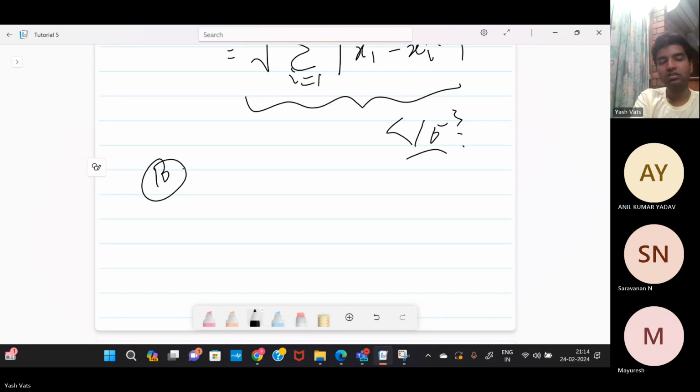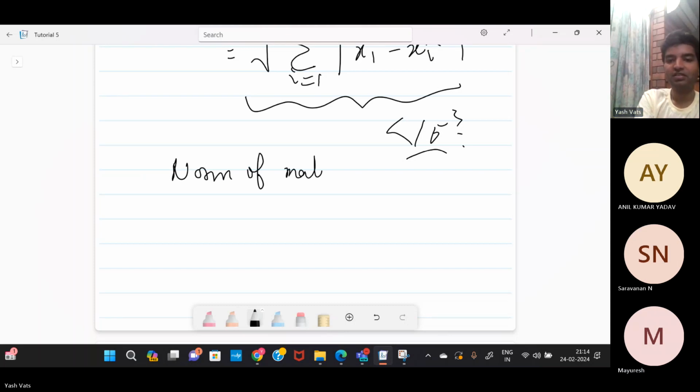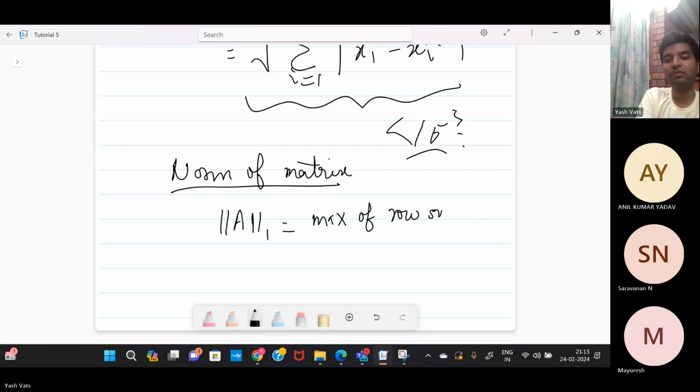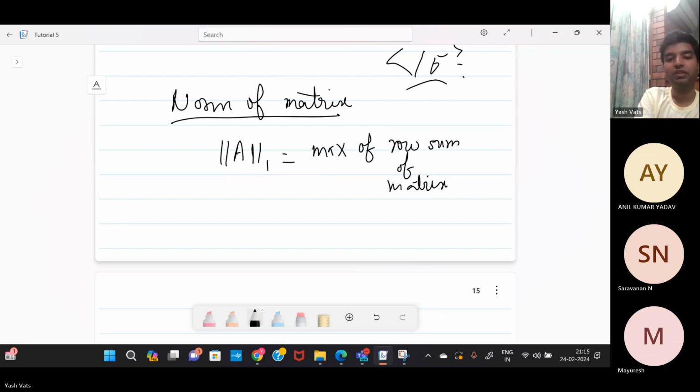Okay, so you have to do it yourself. Here, what is the concept of the norm of a matrix? Let me show you. There are some norms, like the A1 norm, which is the maximum row sum. Suppose these are the entries.